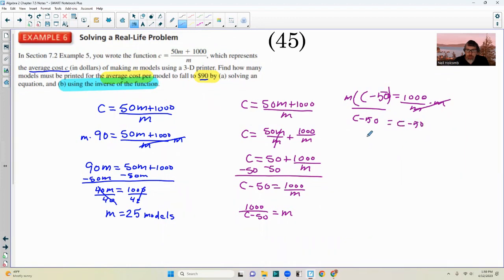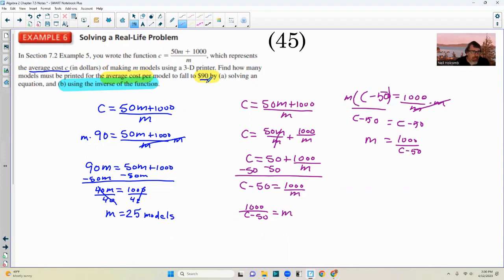I'm going to end up with m, because these cancel, equals 1,000 over c minus 50. Sorry for the sloppy writing, it's hard to write over on the right here. So anyway, 1,000 divided by c minus 50 equals m.